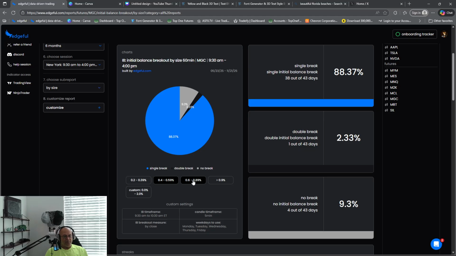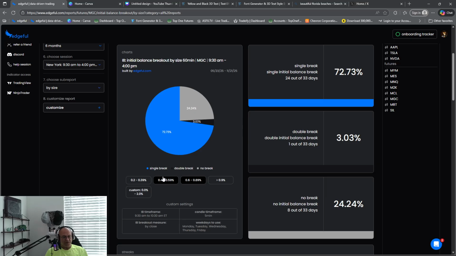Okay. A 0.5 to 0.89. Now our probability of not breaking the initial balance has gone up to almost 25%. Okay. And that's a little larger size. Anything greater than 0.9%, we still have very low double break days, and our no break days are still around that 11 to 15%.